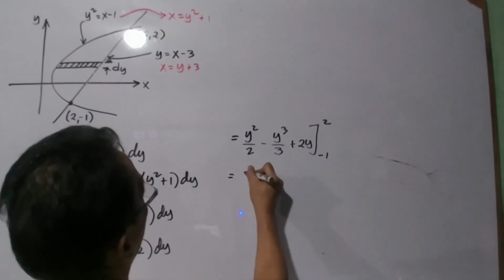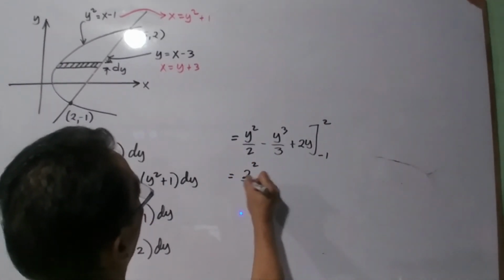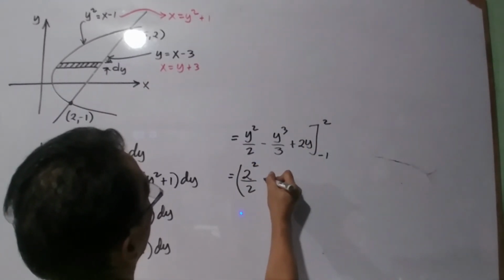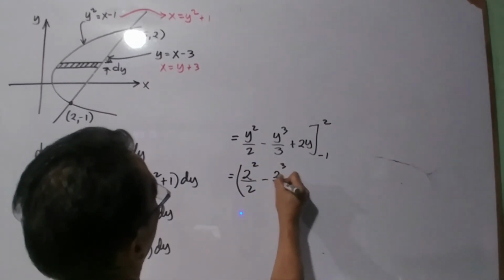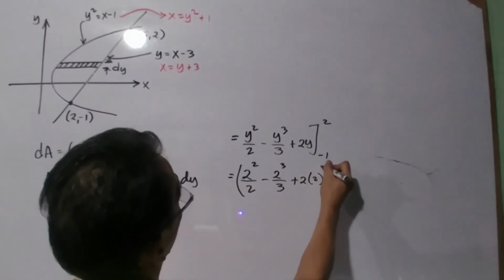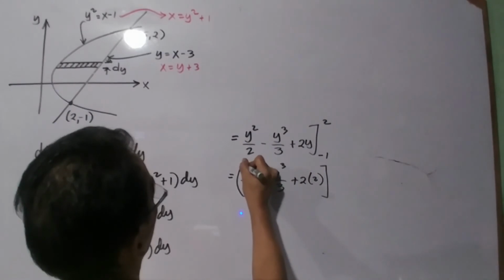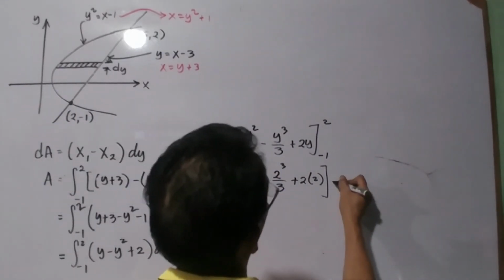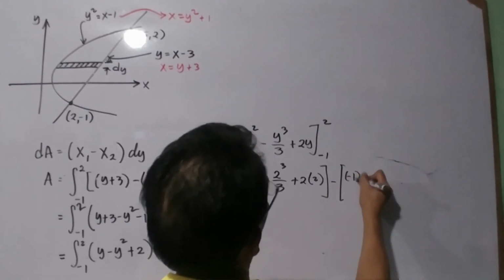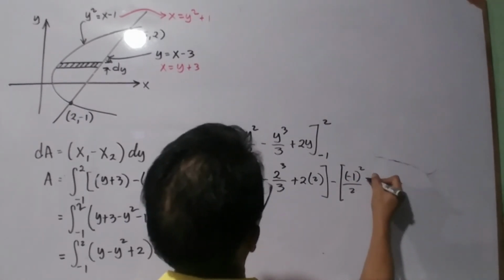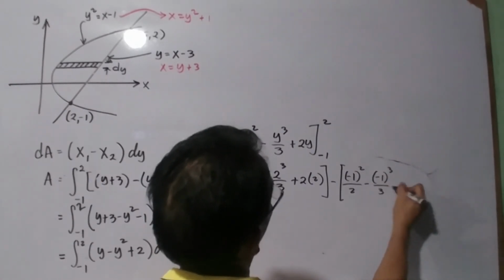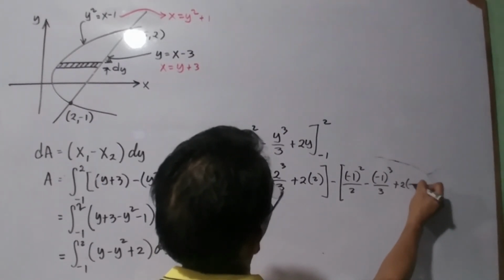We have now 2 square over 2, the upper limits, minus 2 cube over 3 plus 2 times 2, minus negative 1 square over 2 minus negative 1 cube over 3 plus 2 times negative 1.